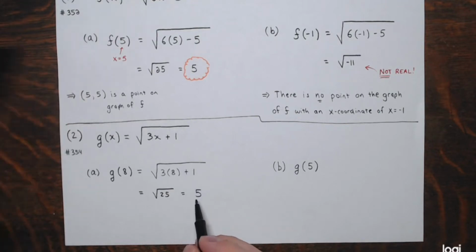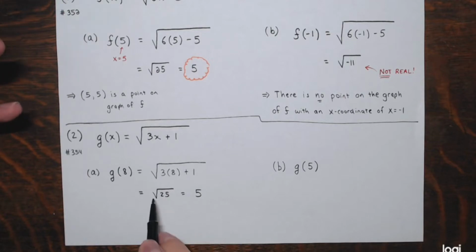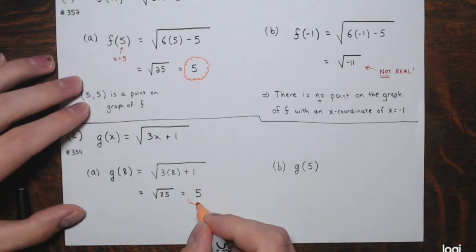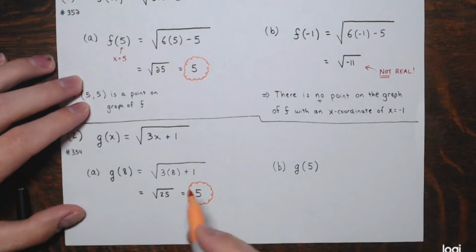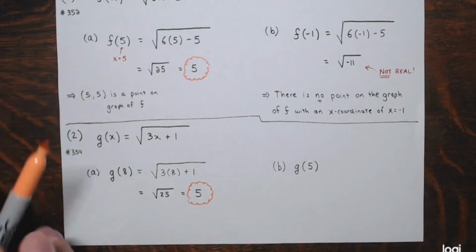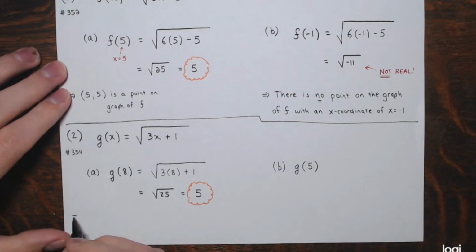Once again, I know -5 squared is also 25, but don't forget this square root symbol, even root symbol, is asking you for the non-negative root. So once again, the result is 5. Input 8, output 5. And once again, what that means is that the ordered pair 8, 5 would be on the graph of this function called g.